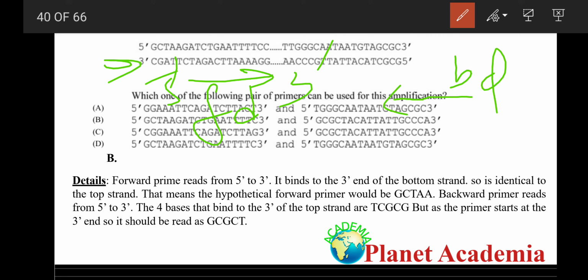Again it will read from 5' to 3', and we need a template strand 3' to 5', which is here. So this is the template for the backward primer strand.